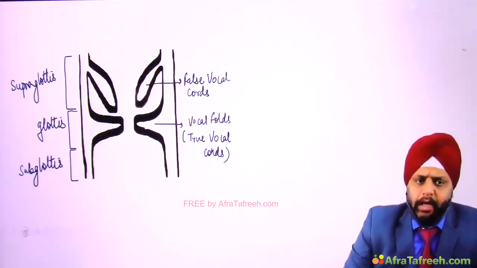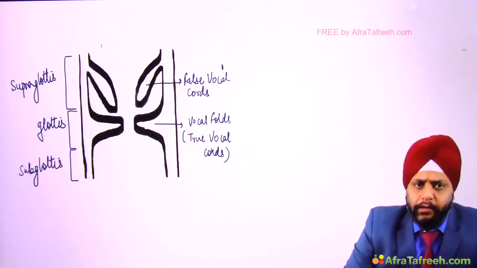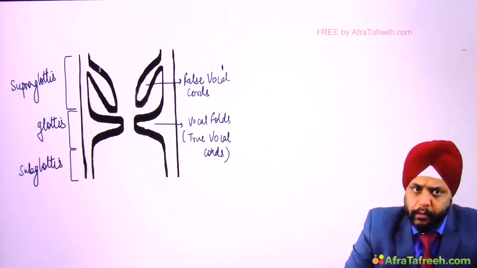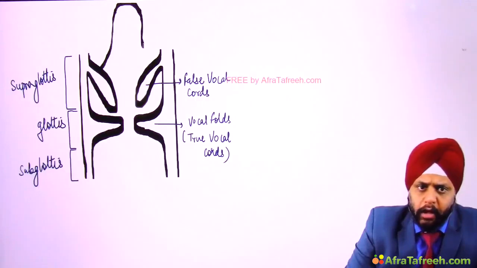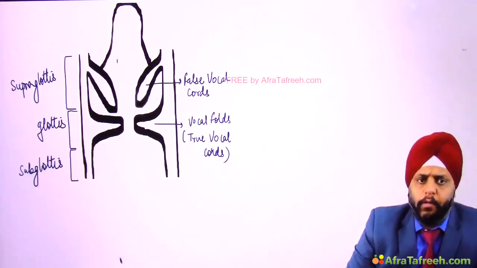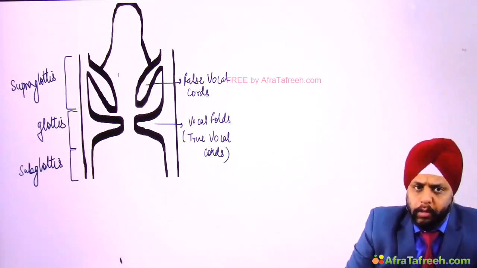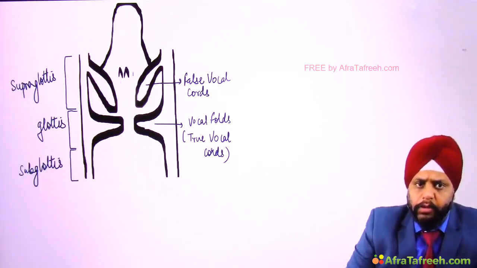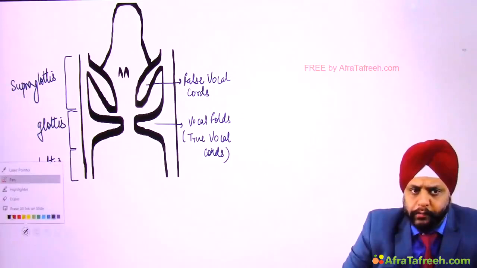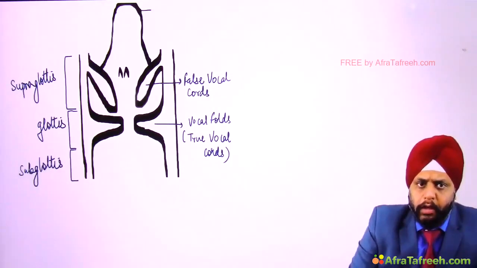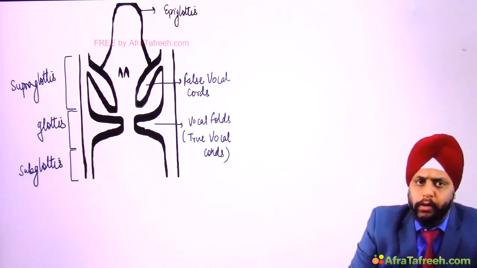Now, this larynx, as we discussed, starts at the laryngeal inlet, right? The internal structure starts at the laryngeal inlet, and this inlet is formed anteriorly by the epiglottis that I have just drawn and posteriorly by a pair of arytenoid cartilages.